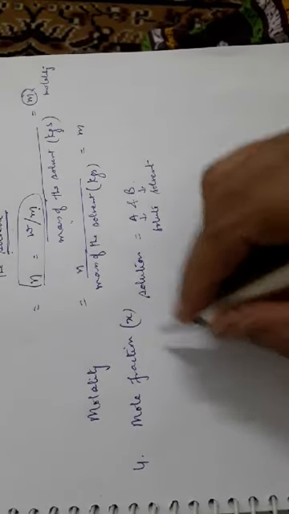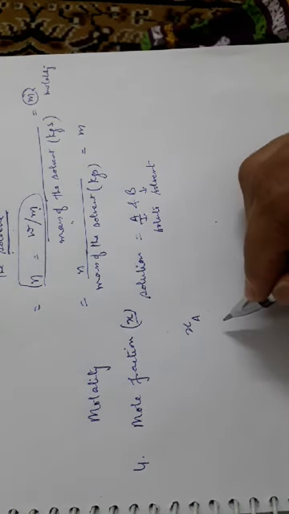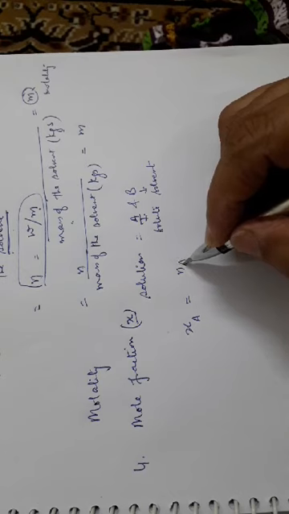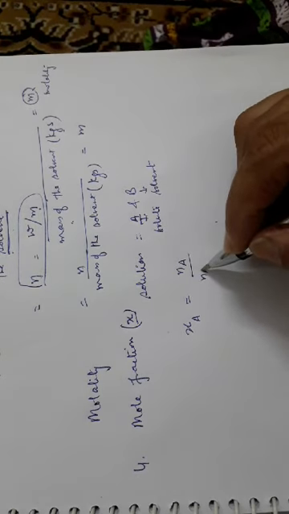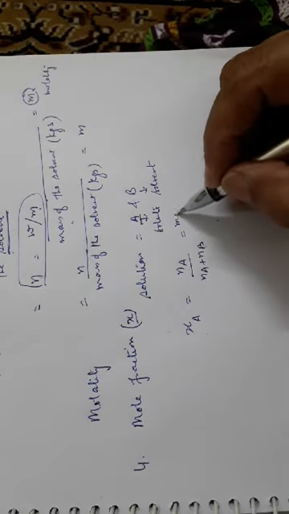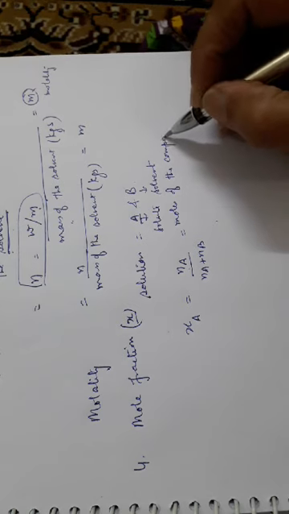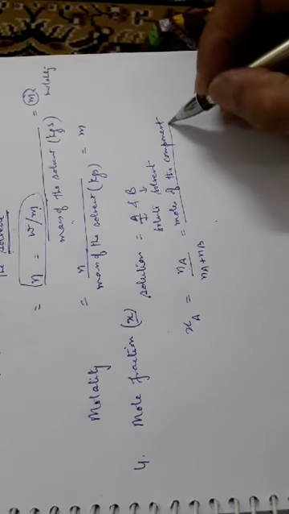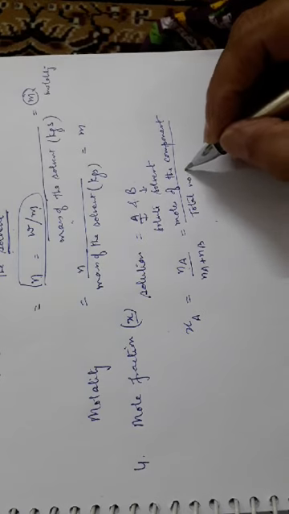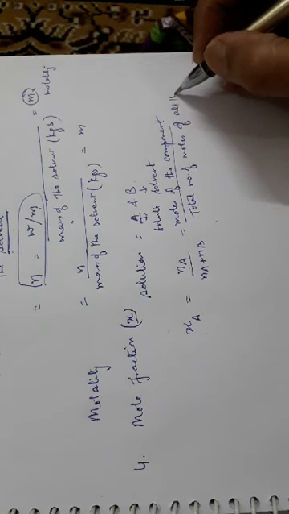In this case, X for the component A will be written as X with the suffix A. XA equals Na upon the total number of moles, Na plus Nb. The number of moles of the component whose mole fraction you are calculating, upon the total number of moles of all the components.